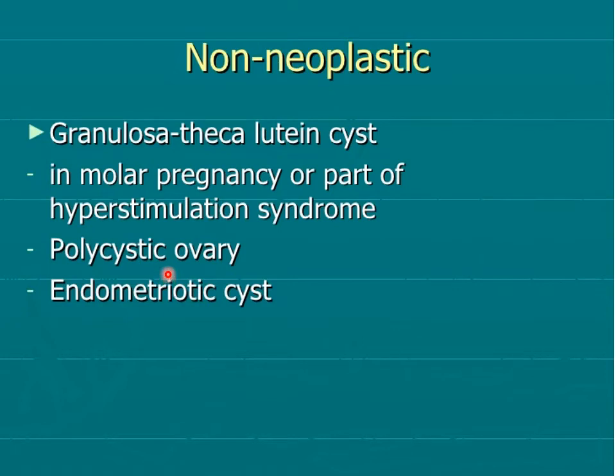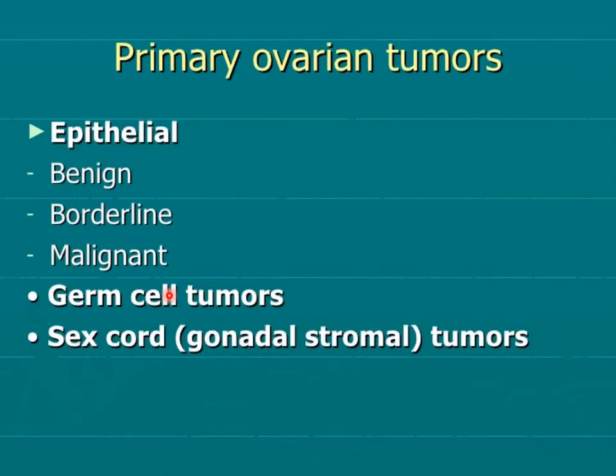Then another commonly seen ovarian disease is Stein-Leventhal syndrome or polycystic ovarian disease, in which we find multiple fluid-filled bilateral ovarian cysts. Then another cyst is endometriotic cysts. That is the cystic structure formed within the ovary, and it comprises endometriotic tissue.